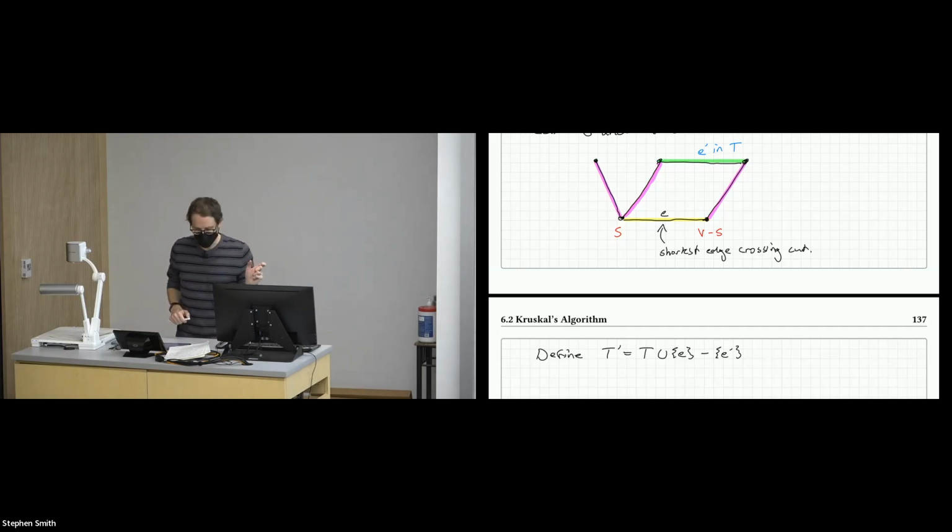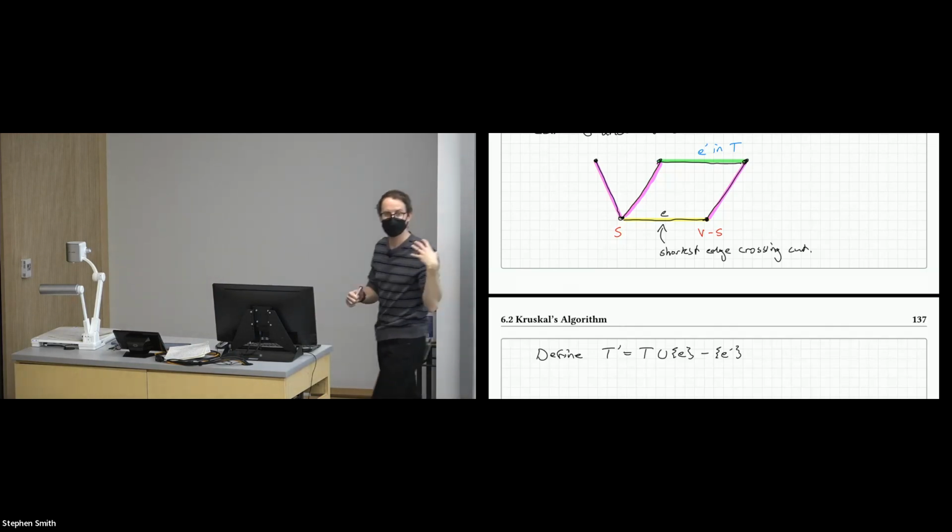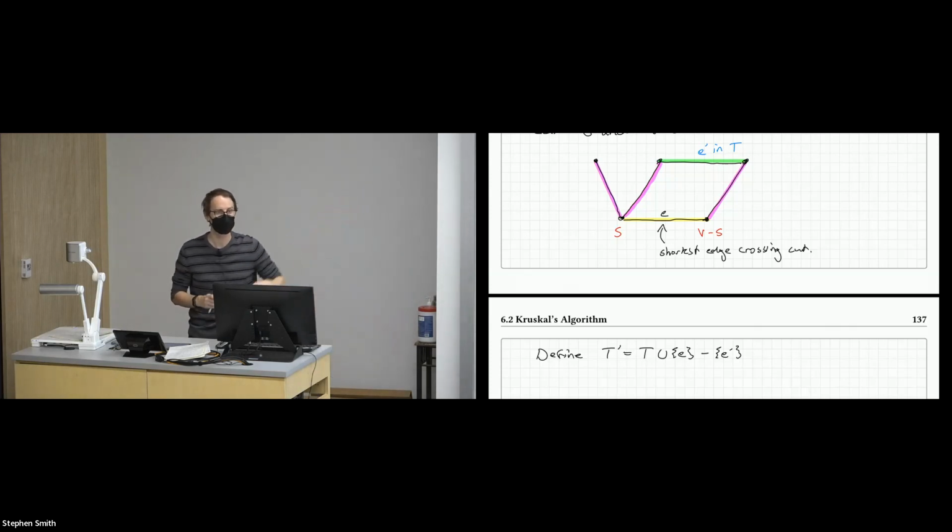Since T was connected and E prime created a cycle, I'm now deleting a cycle edge, right? That's from our property before. This graph right here has a cycle in it. It's all the edges I've shown in the 3 colors. Deleting a cycle edge cannot disconnect the graph, so the corresponding thing, T prime, is still connected.